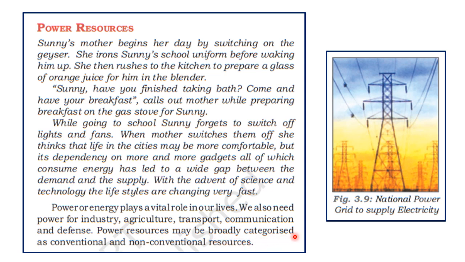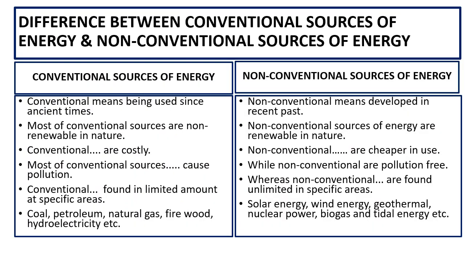Power resources are classified into two groups, conventional and non-conventional power resources. What are conventional and non-conventional power resources, we will see. First we will learn the difference between conventional and non-conventional sources of energy.